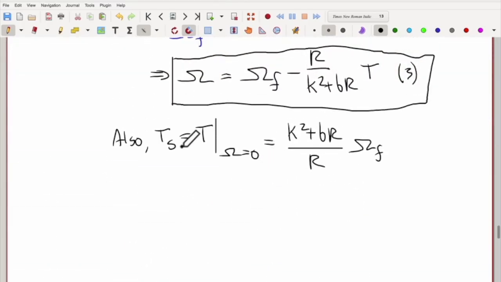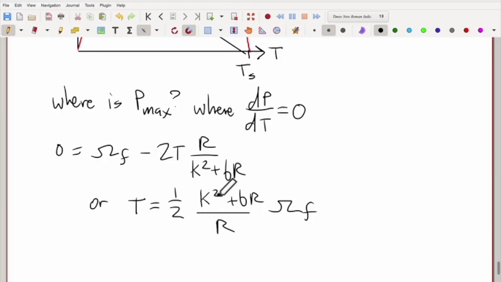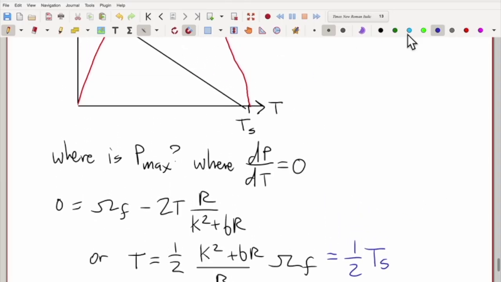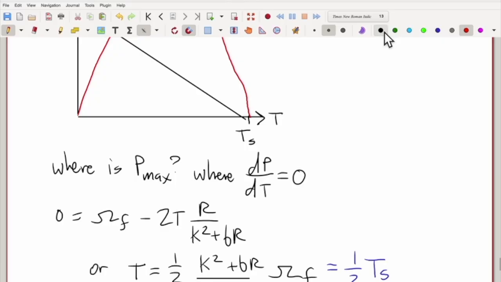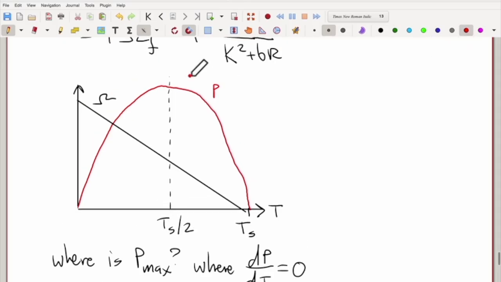Aha. Stall torque is K squared plus BR over R times omega F. This is 1/2 K squared plus BR over R times omega F. So this turns out to be 1/2 of the stall torque. So in other words, the peak power happens right here in the middle. Ts over 2 is where P max is.